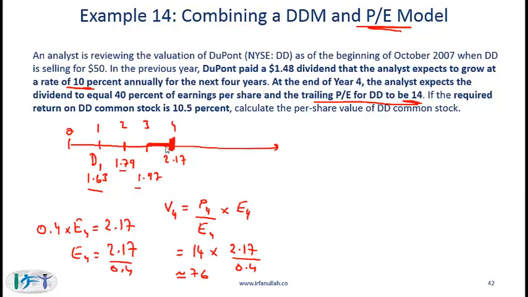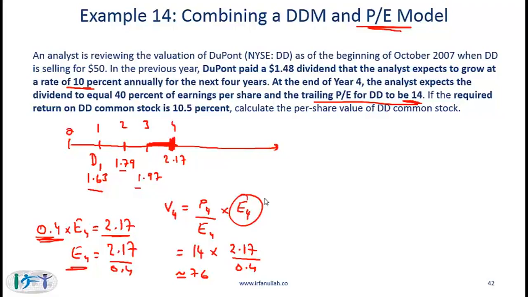So how do we come up with E4? Remember, we are given the payout ratio, which is 40%. So 40% of the earnings for year 4 would be equal to the dividends for year 4. We have computed the dividend for year 4 as 2.17, which means that the earnings for year 4 would be 2.17 over 0.4.